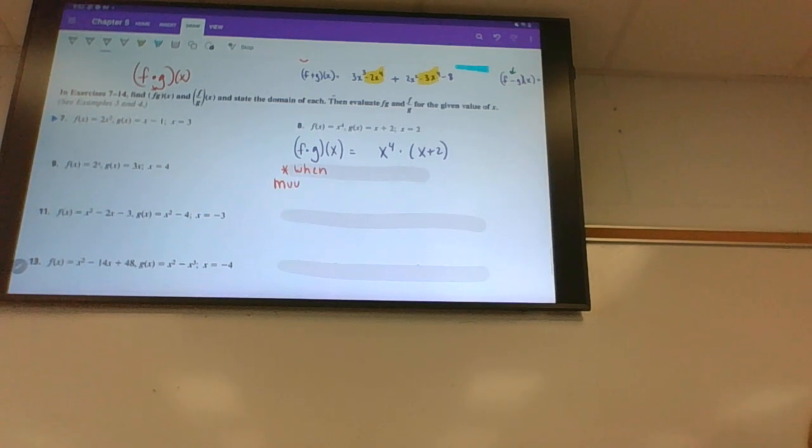When multiplying or distributing, that's when you add exponents. So x to the 4th times x, and x to the 4th times 2. So that's just x to the 5th plus 2x to the 4th.